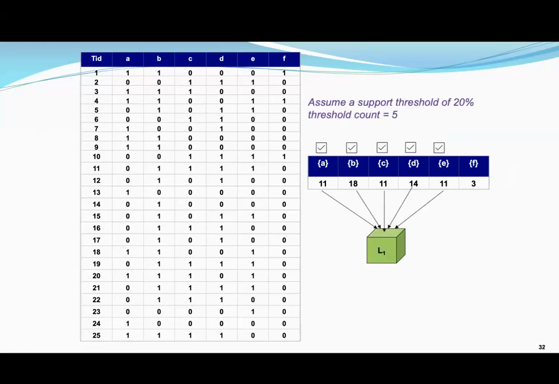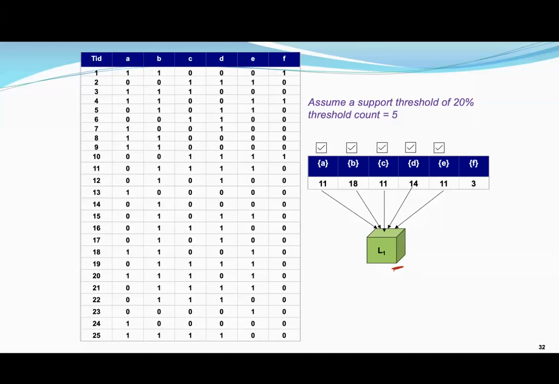Then those item sets whose support count meets the support requirement, in this case 5, would be collected into a set L1. This is the set of all frequent 1 item sets. So from C1, we scan the database to obtain L1.